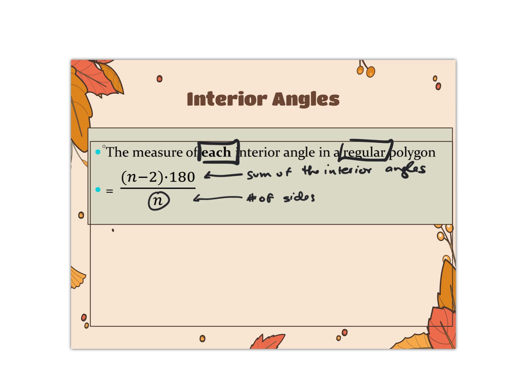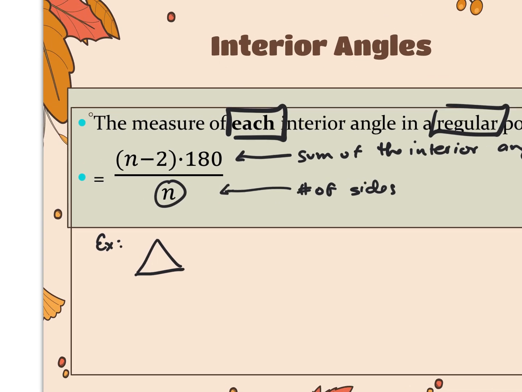So for example, we already know that a regular triangle, right? We learned this before. We know that each interior angle is 60. Remember, it was 60, 60, 60. And I think you guys remember because you said, well, if they add up to 180, 180 divided by 3 is 60. Well, let's apply the formula and show how the formula would get you this as well. Remember, the formula is n minus 2 times 180.